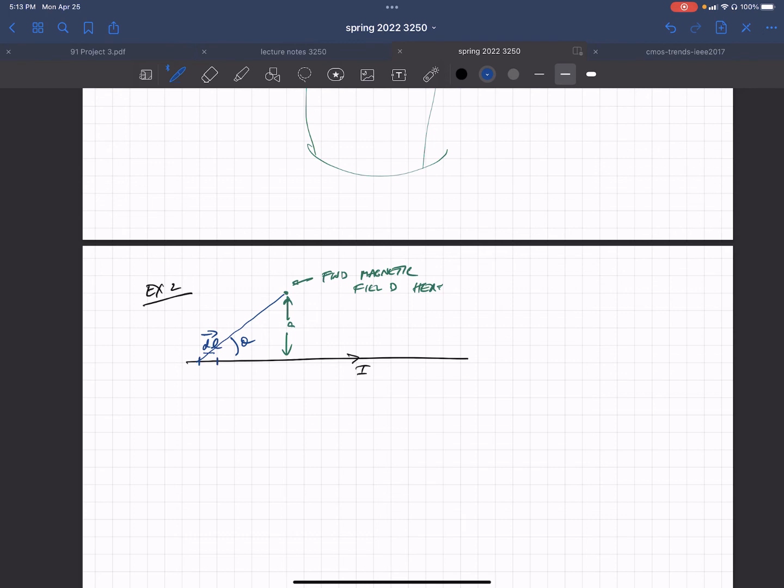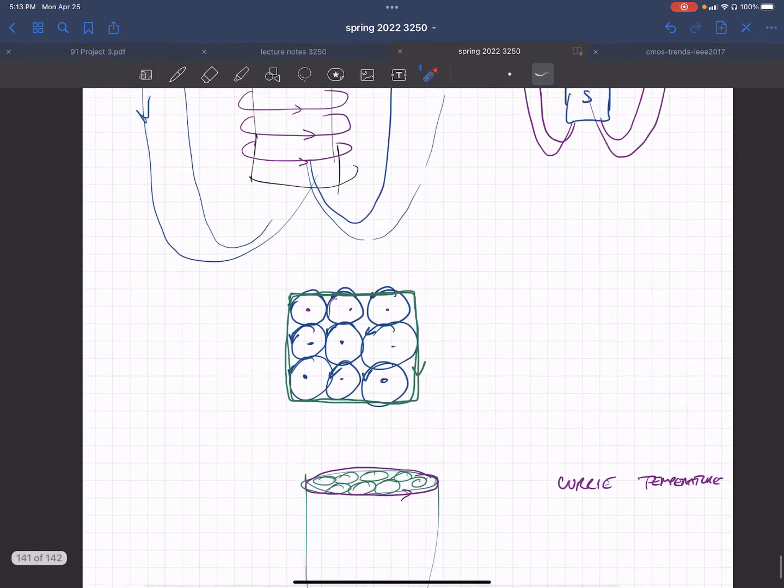And so in this case, if you notice, the current's going, the dL is going in this direction.